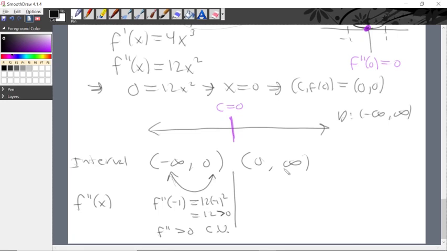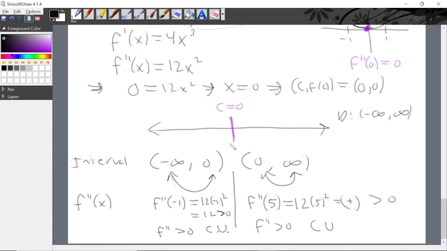Let's choose a value in this subinterval, like we can choose +1 or any other number. I'll choose 5. What's f double prime of 5? Well, all I really need to know is whether it's positive or negative. So I get 12 times 5 squared. That's 12 times 25. That is clearly going to be a positive number, so that is greater than 0. So we have f double prime is greater than 0 over here, so we still have concave up.